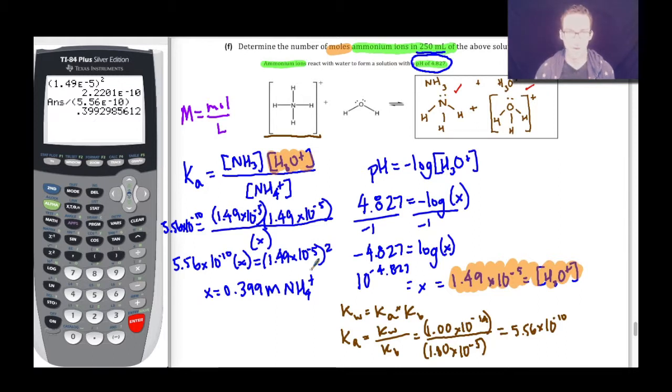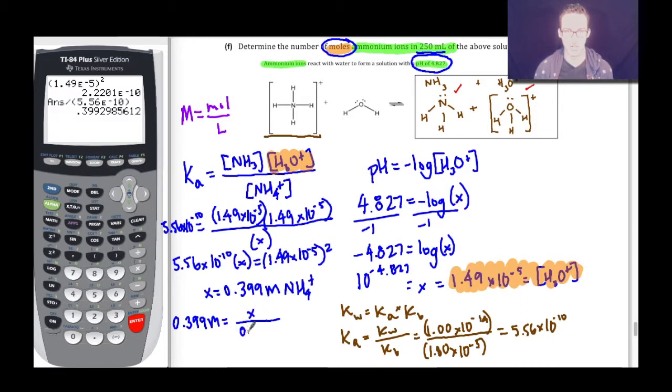Woo! Feeling really good about this, except then we realize, oh, it's asking us for moles of ammonium ions. And so as I think about what molarity relates to me, I know the concentration of the ammonium ion to be 0.399 molar. My number of moles, that's what we're looking for.